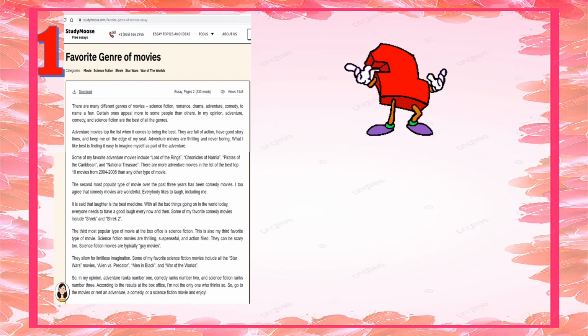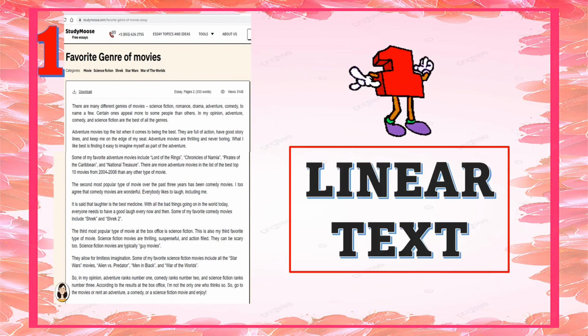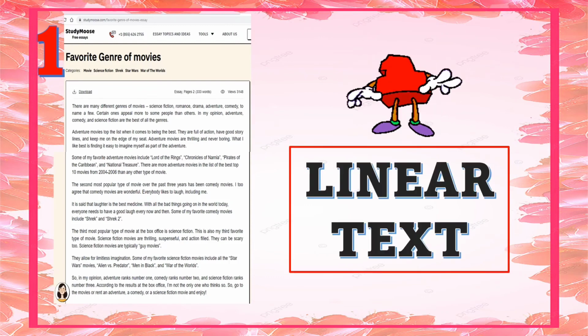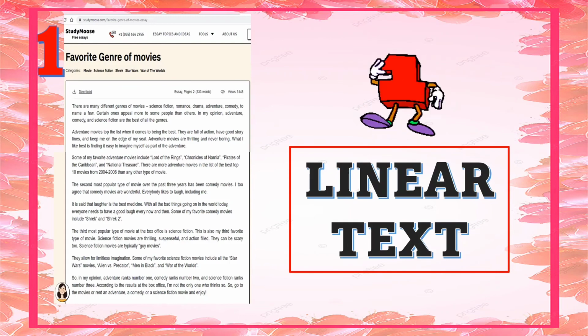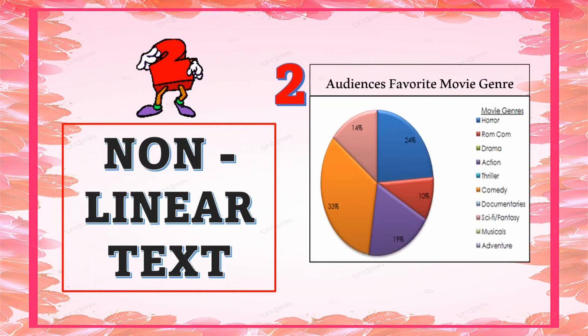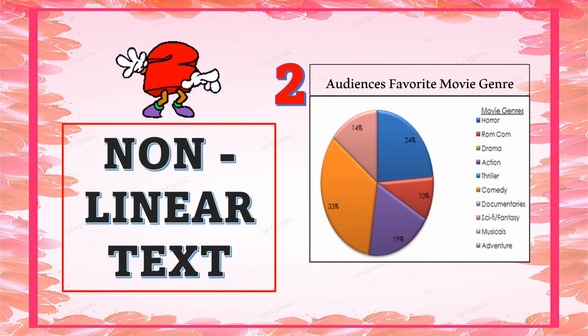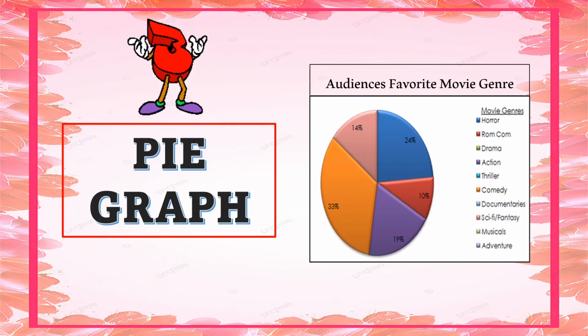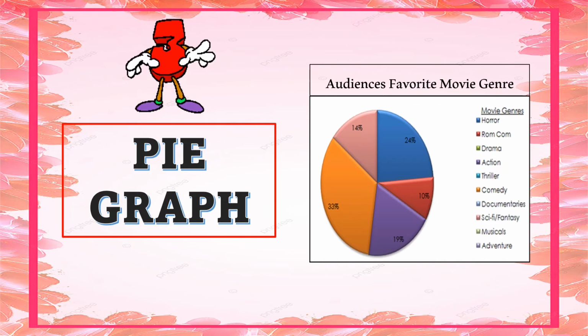For question number 1, the answer is a linear text. So picture number 1 is an example of a linear text. For question number 2, picture number 2 is an example of a nonlinear text. For question number 3, this picture is an example of a pie graph.